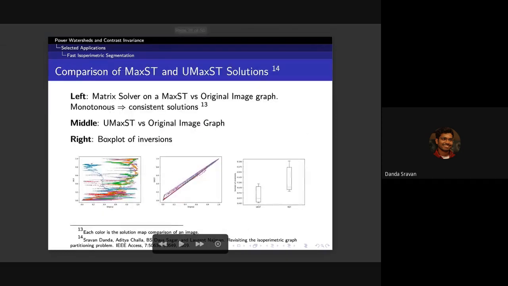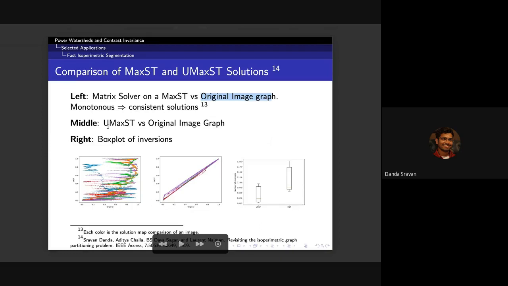If the plot were perfectly increasing, that would mean the solutions are consistent. This is a database with a large number of images. We figured that the solutions from solving the linear system on an arbitrary maximum spanning tree versus the original image graph are not agreeing with each other.